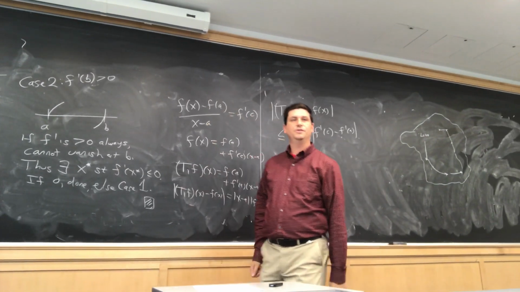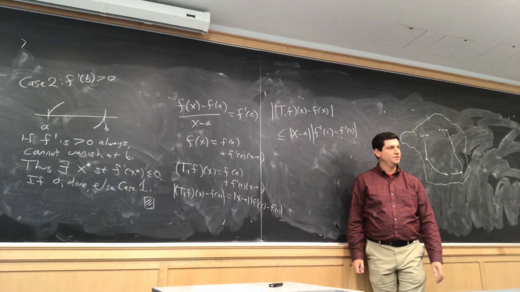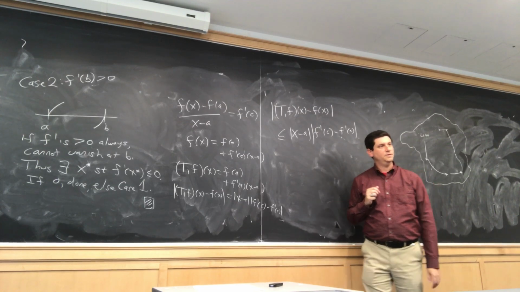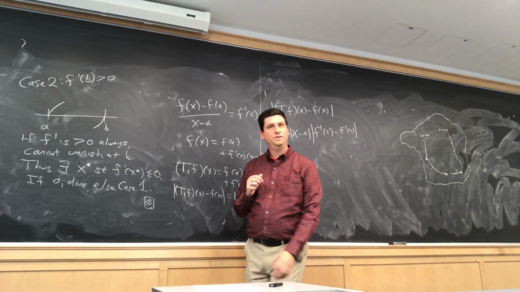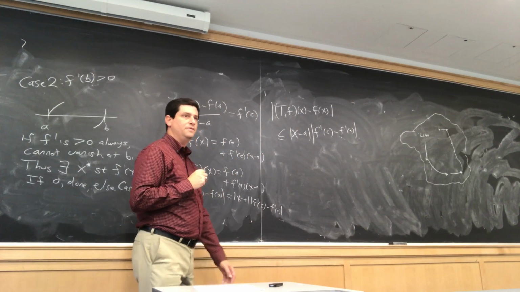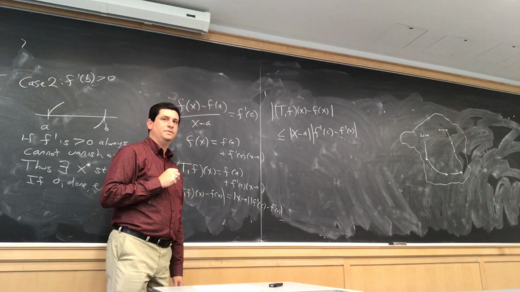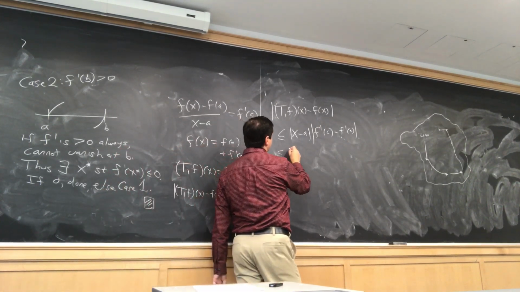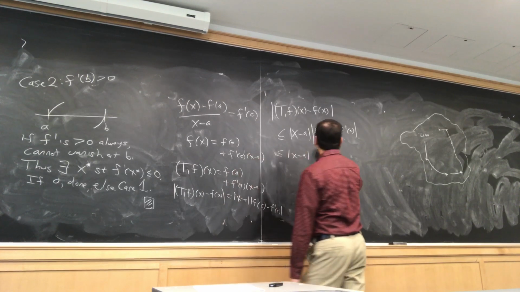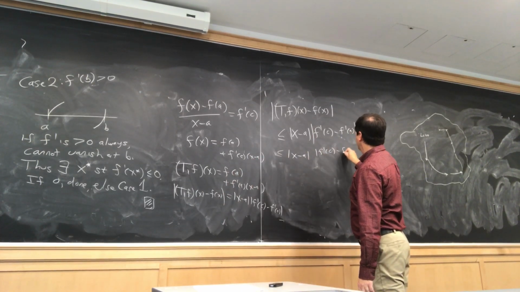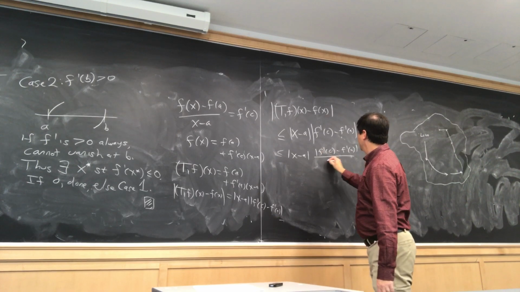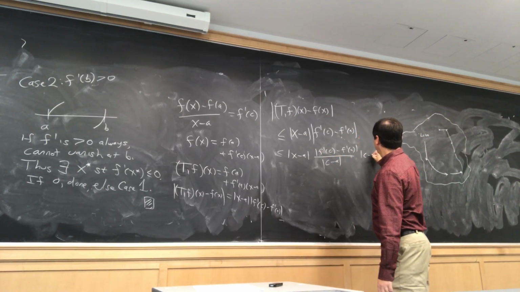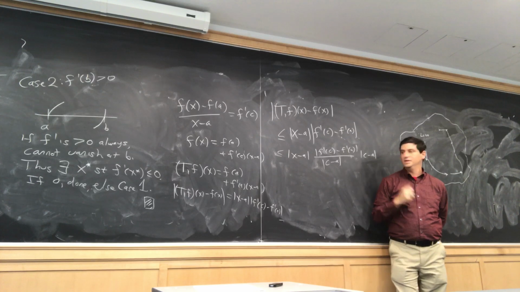What could we do? What if I wrote this as x minus a, times f prime of c minus f prime of a over c minus a, times c minus a? Does this look like anything you've seen before? Is that MVT again? Yeah, it looks like the mean value theorem.